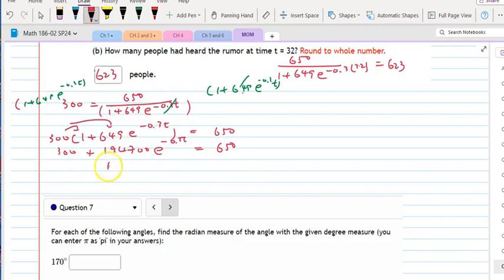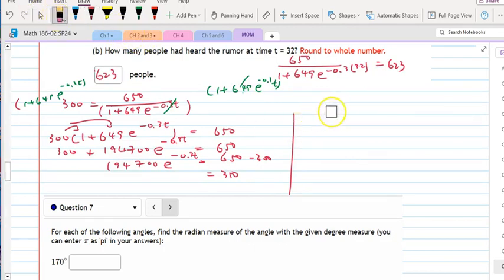I minus 300 on both sides. 650 minus 300, that is 350. So our new equation now becomes 194700 e to the negative 0.7t is equal to 350.